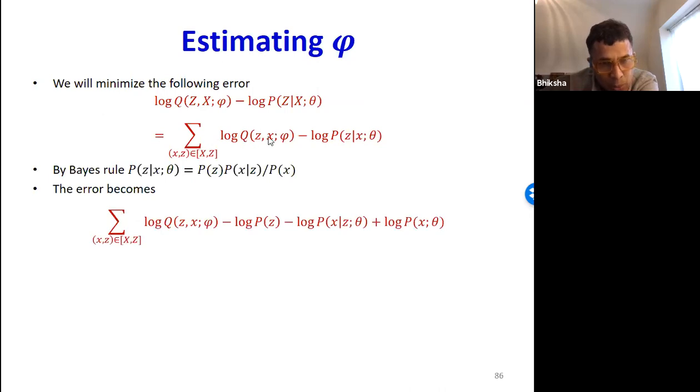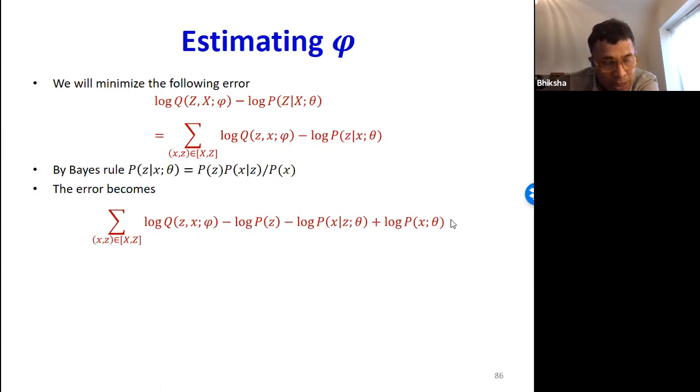So I'm just focusing on individual training instances here and expanding this out using Bayes' rule. P of z given x is p of z times p of x given z divided by p of x. That is going to give me the log of q minus log of p of z minus log of p of x given z plus log of p of x, right?